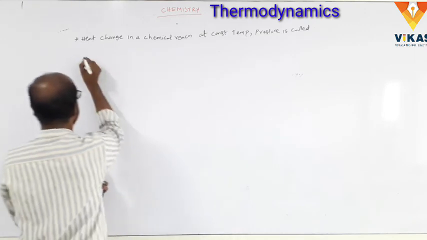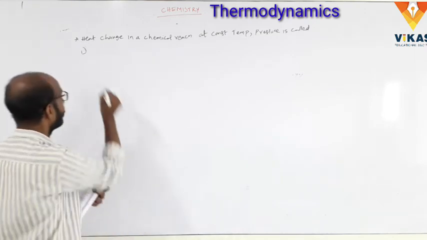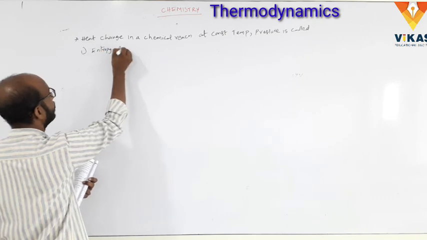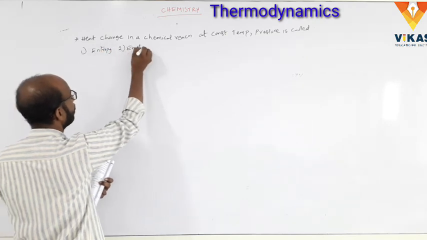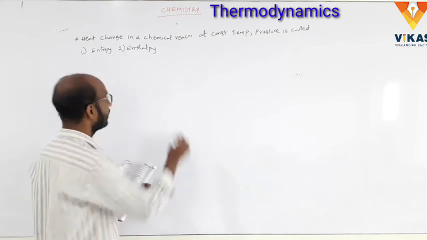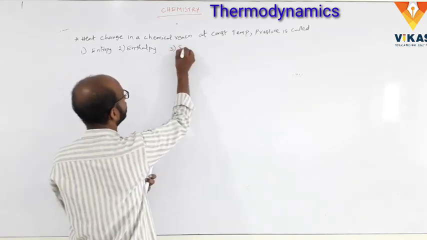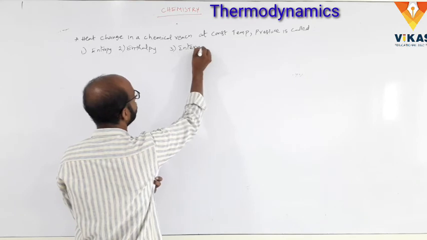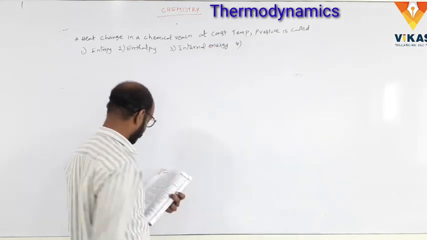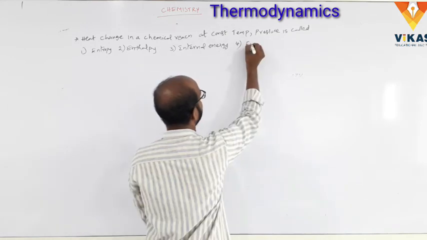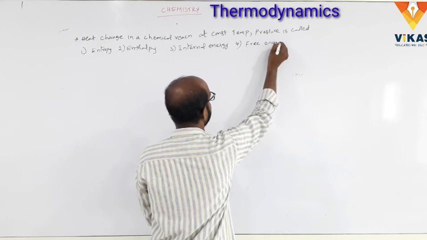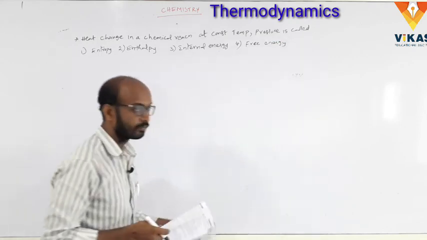Number one, entropy. Number two, enthalpy. Number three, internal energy. Number four, free energy. Guess the answer?